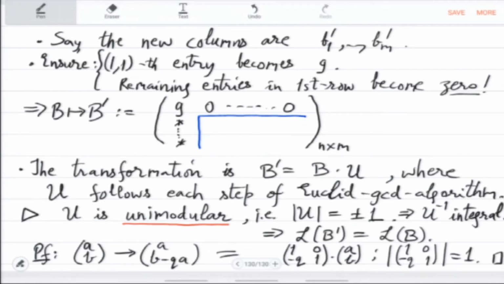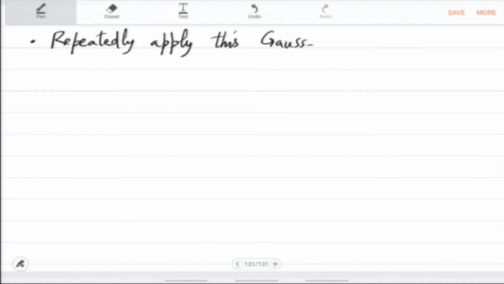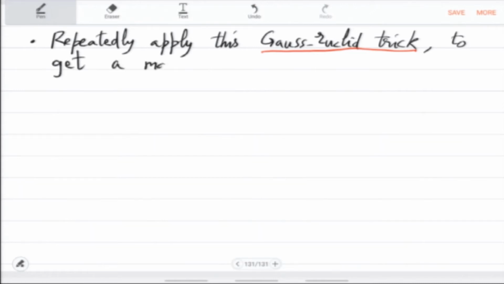Now we have to focus on this blue part, the submatrix. So repeatedly apply this trick, which is by Gauss and Euclid, to get a matrix B tilde.